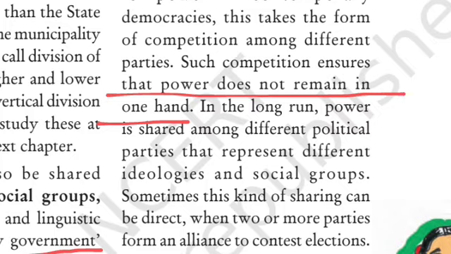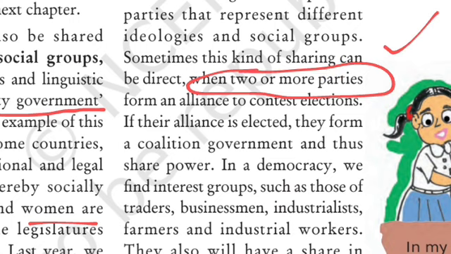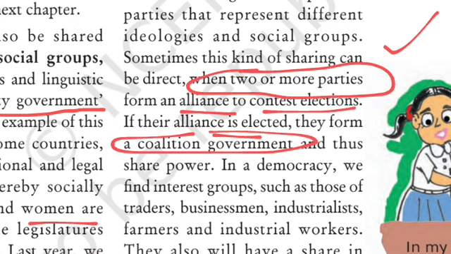Sometimes this kind of sharing can be direct, when two or more parties, important point, two or more parties form an alliance to contest elections. If their alliance is elected, they form a coalition government. When no single party is getting a majority in the Lok Sabha or any particular election, then they can form a coalition, they can make an alliance with other parties also, right?